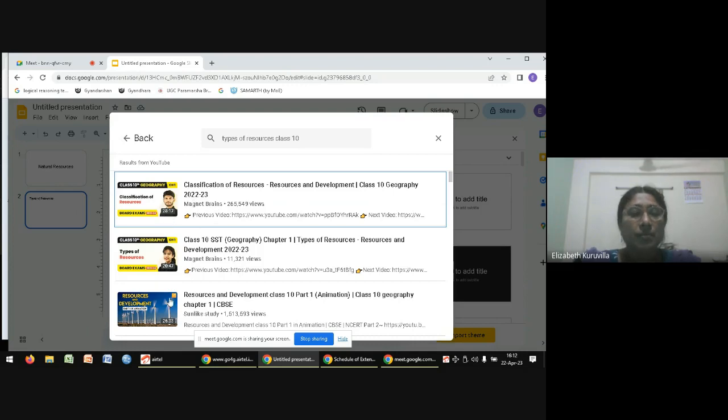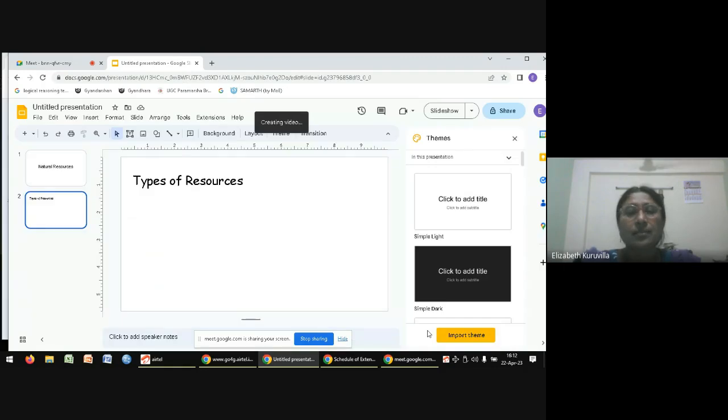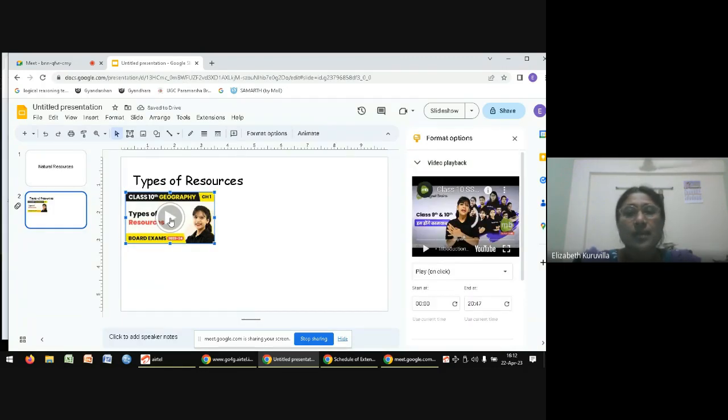Okay. Types of resources. This is NCERT's class 10. So we can take this one, click on this. When you touch on this part, you can see insert is coming. Click on insert, so that the video will come here.